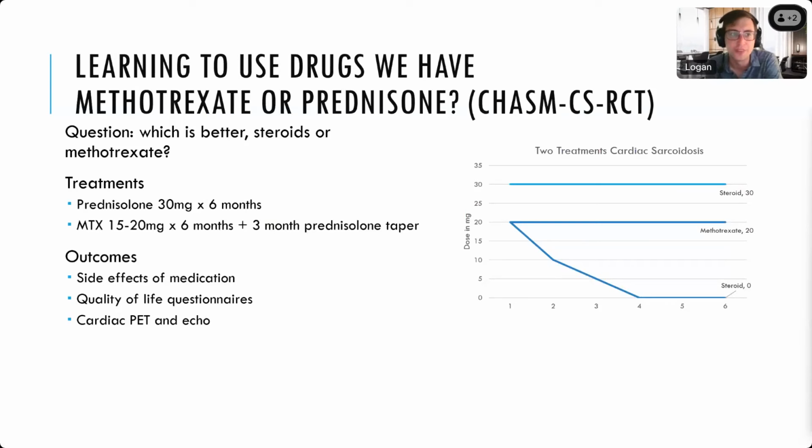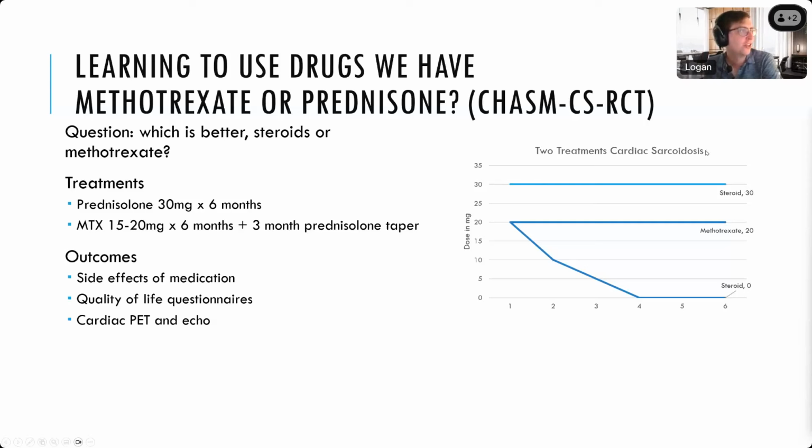In this trial, they've chosen to look at this in cardiac sarcoidosis. And I believe they've done that because cardiac sarcoidosis has some pretty clear end points. Your heart's either working or it isn't, and it's easy to show changes over time.